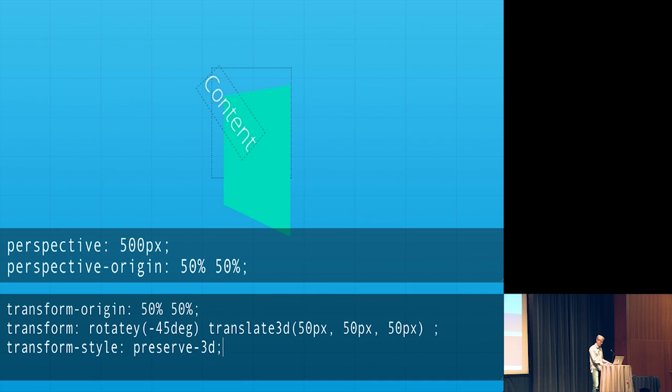The flat means that the transform is made, but it's then flattened to the parent element's plane. But by specifying preserve-3d, we can actually start building a hierarchy of 3D transforms. And you can see how that works. And if I just remove this transform style, it's going to vanish and just be on the plane of that parent element.